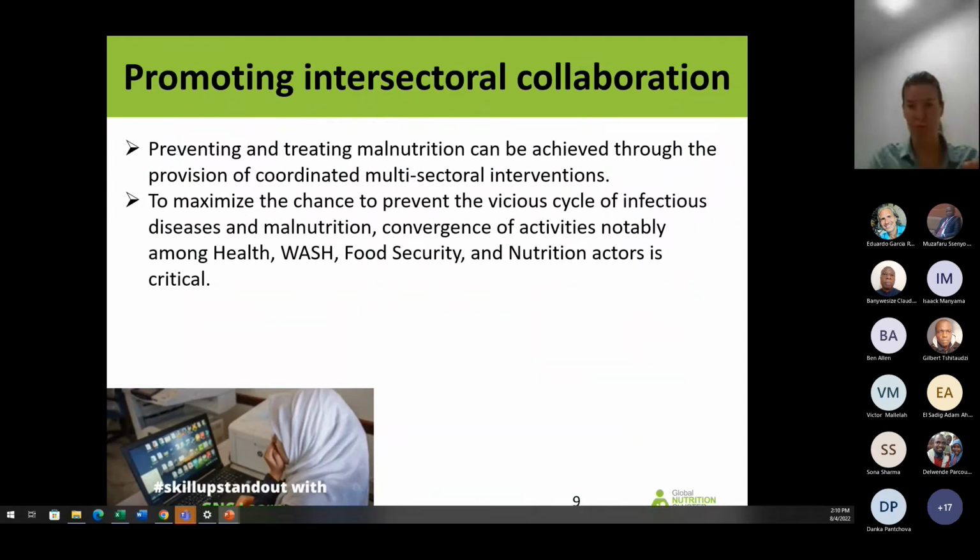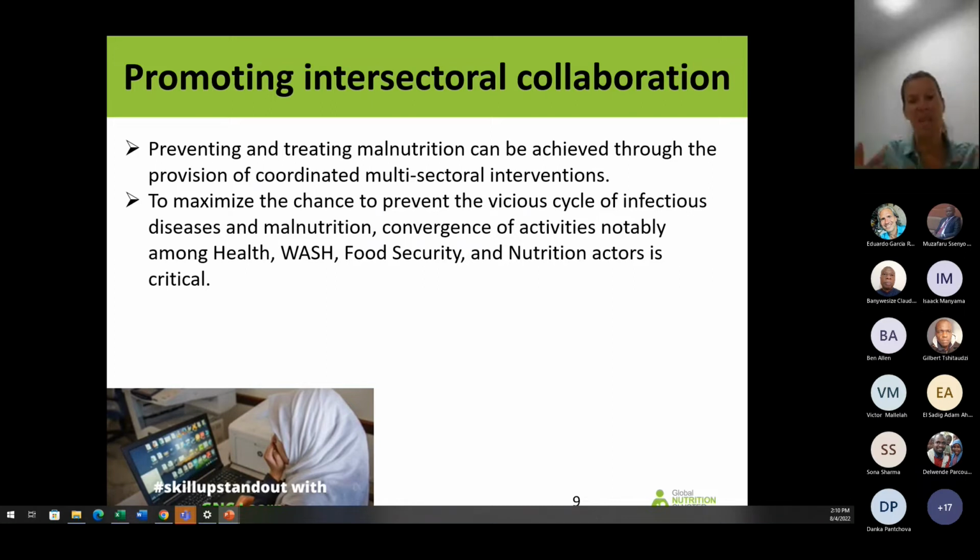multisectoral programming. Okay. And here I know how convinced you are already. I know you know this very well, that preventing and treating malnutrition can only be achieved through the provision of coordinated multi-sectoral interventions, right?